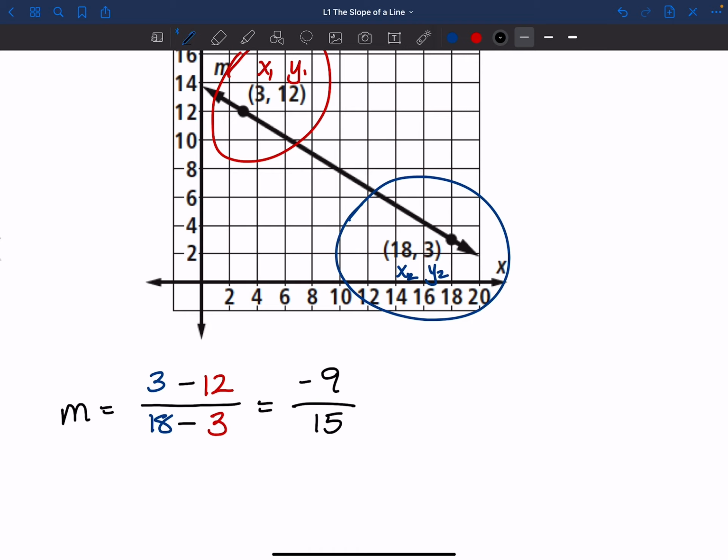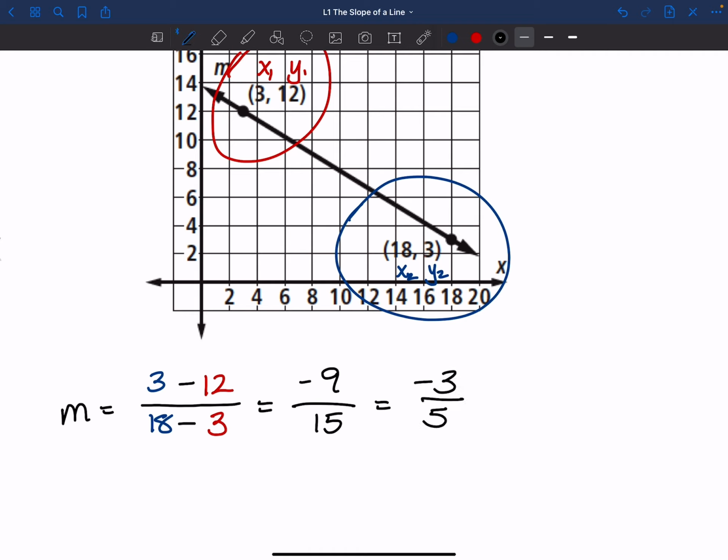If you chose the points in reverse order, so the x1, y1 and the x2, y2 were flipped, then your answer probably at this point looked something like 9 over -15. And again, that's the exact same thing. You're not doing it wrong. It's just another way for it to look. Our simplifying step: -9 over 15 can be simplified to be -3/5.